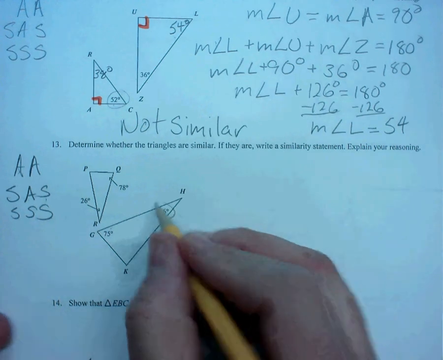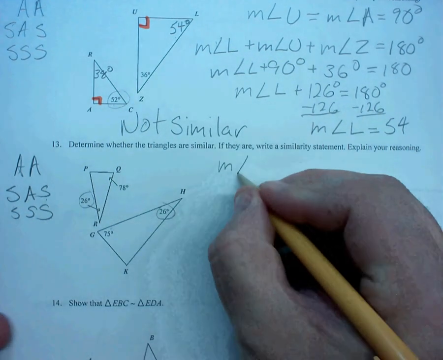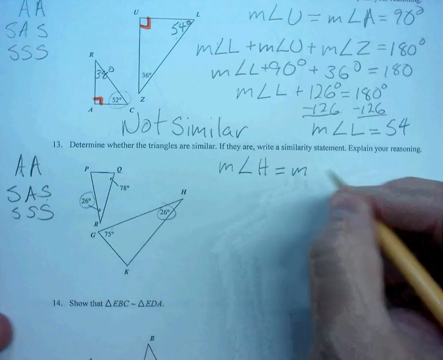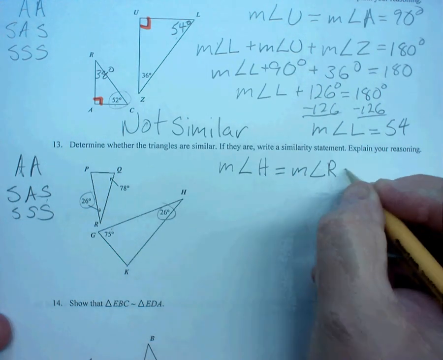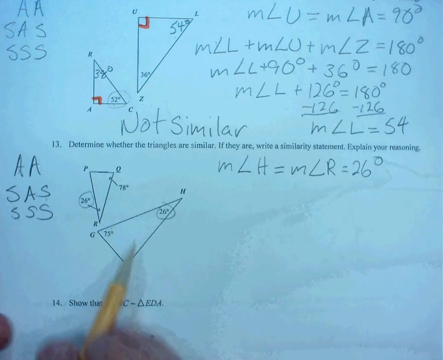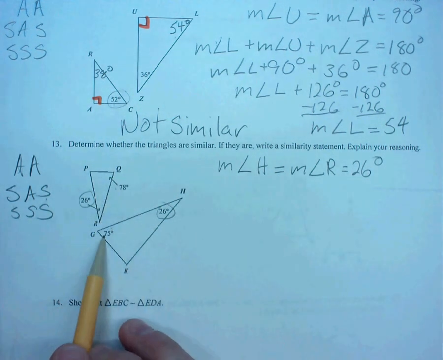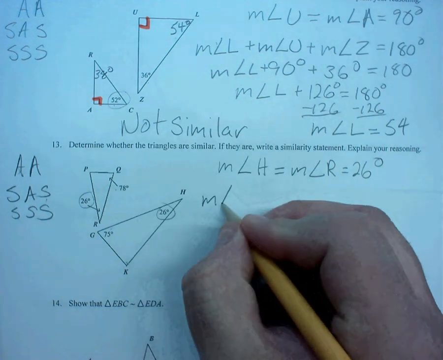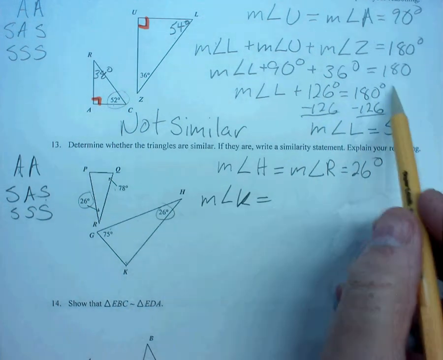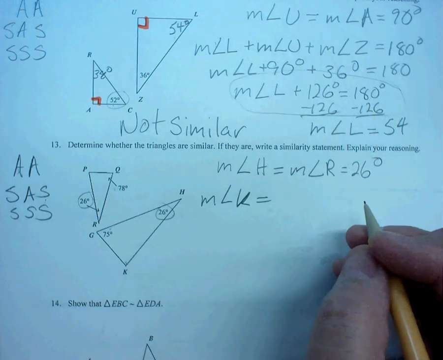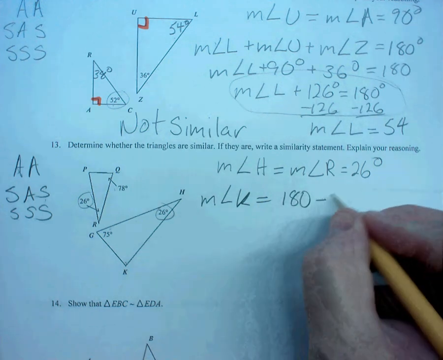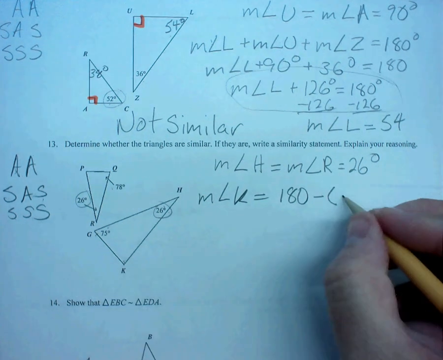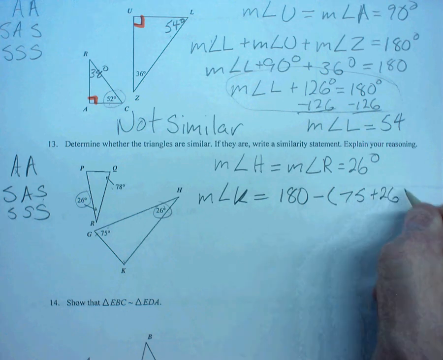I'm given two angles. I know that this and this are the same. In other words, the measure of angle H is equal to the measure of angle R is equal to 26 degrees. Now, this is 78 and this is 75. So what I'm going to do is solve for this third angle and see if it's equal to 78. I don't think it is, but let's go ahead. So the measure of angle K is equal to 180 minus the sum of these two angles, 75 plus 26.